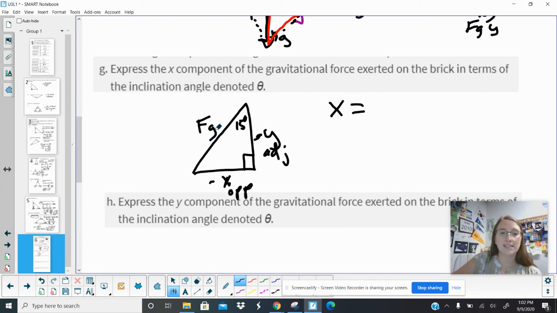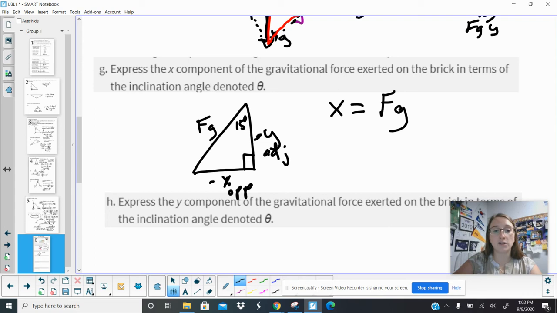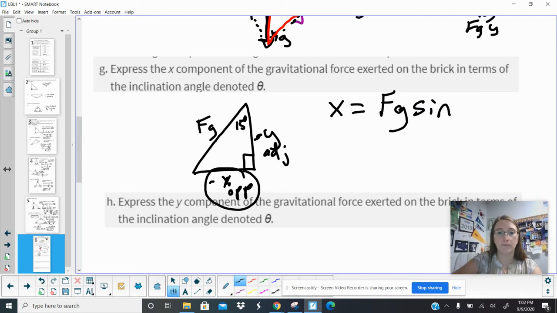But we know this is the magnitude of the vector. So remember the trick. It's the magnitude of the total vector times the trig function. And again, because x is the opposite, x is now going to use sine of 15 degrees. And one more thing I need to add on, it's a negative because it's a negative x.